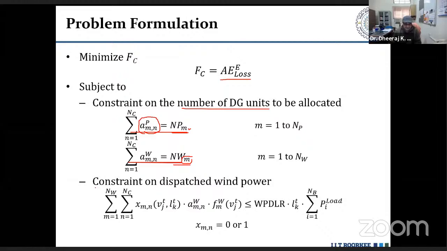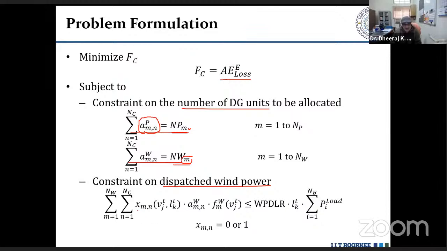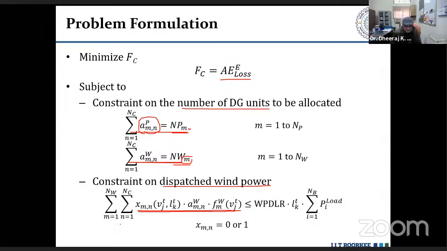And the next constraint is on dispatch of wind power. This is the active power injection by a wind turbine at a particular location by a particular type. We have taken the summation of all such values over all types at all locations.